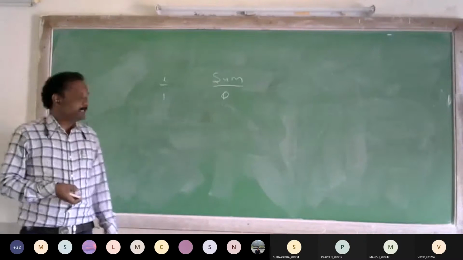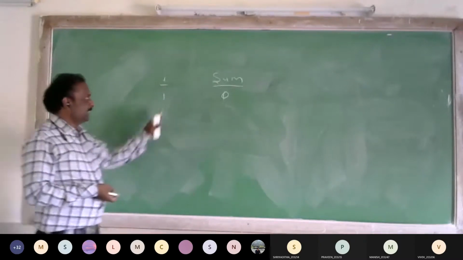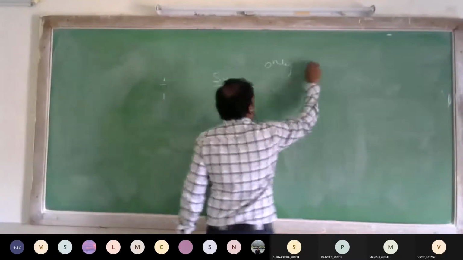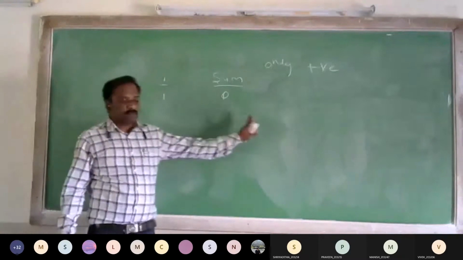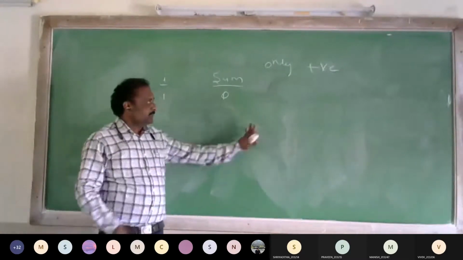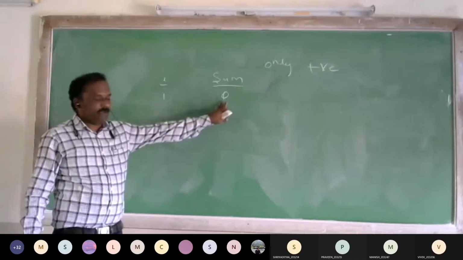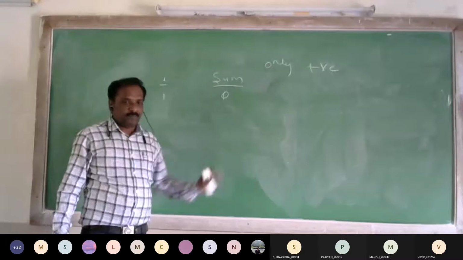I want to add only the positive numbers. Whenever the user enters a negative number, we have to stop the while loop and come outside of the while loop, or do while loop, or for loop.